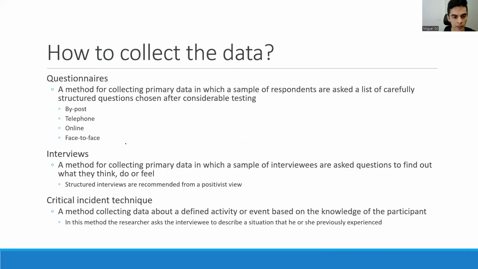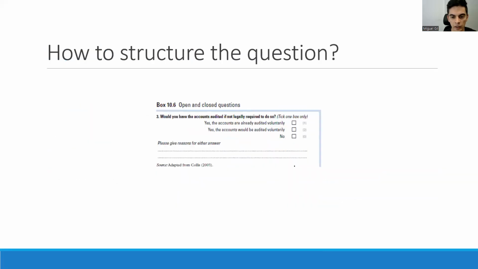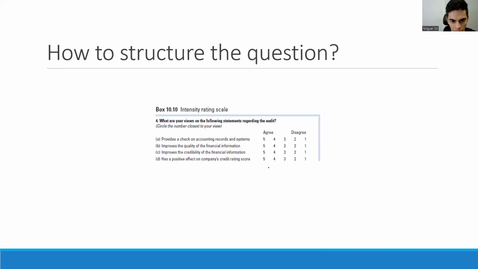Like this one. These questions probably come from previous research where they have used them, or if not, they justify it in the paper. Like, what are your views on the following statements regarding audit? You want to know the opinion about auditing in these different dimensions. So if that person agrees that it provides a check on accounting records, they will put 5.